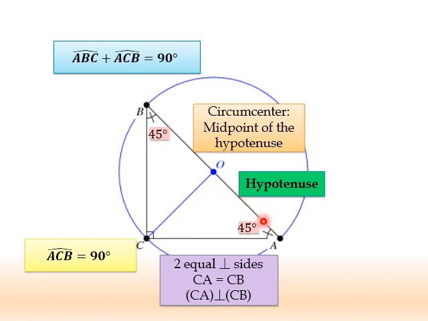You can say that O is the midpoint of AB, so O is at the same time the center of the circle circumscribed about the triangle. So OB equals OA equals OC, since radii of the same circle are equal.